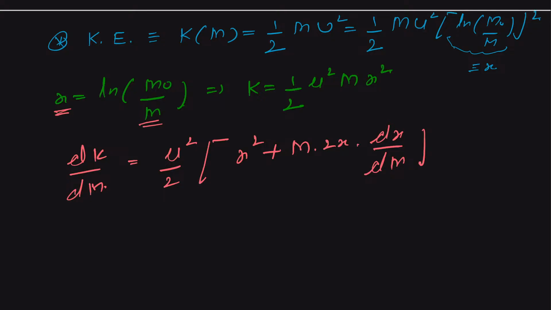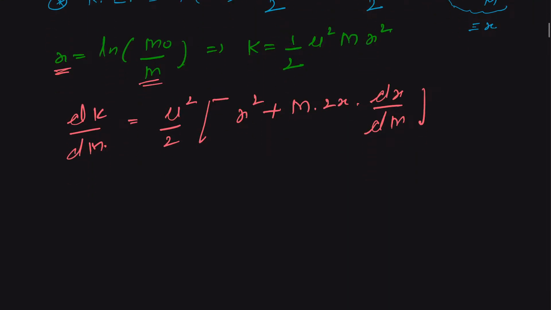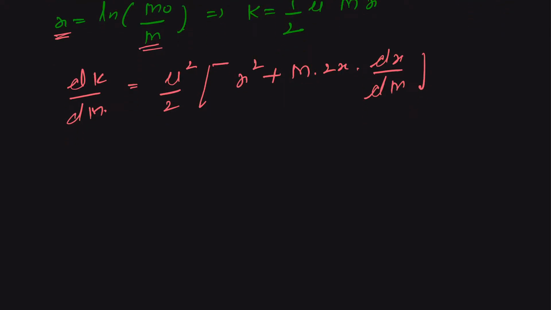But we know that dx upon dm is equal to minus 1 upon m. So we can just substitute it, and we get u square upon 2 times x square plus 2 m x times minus 1 upon m.